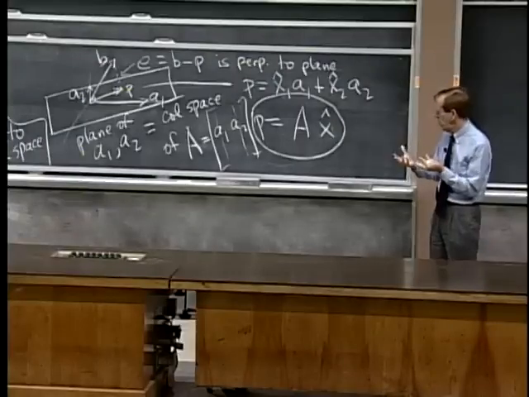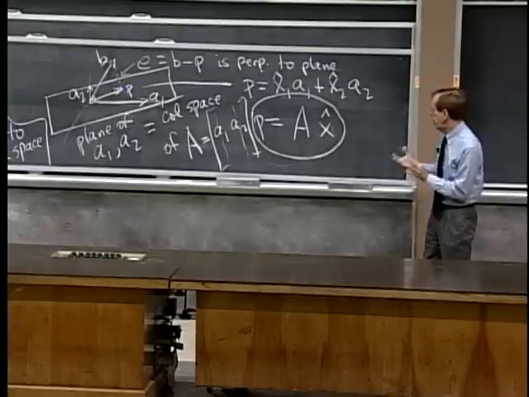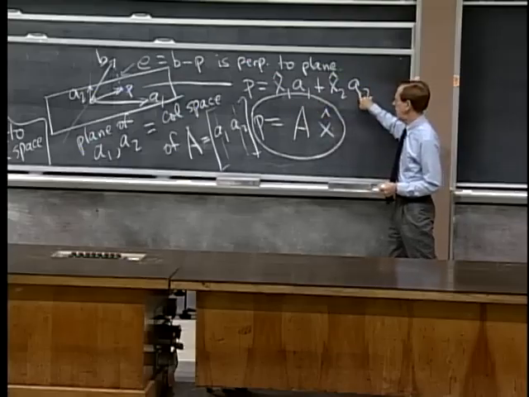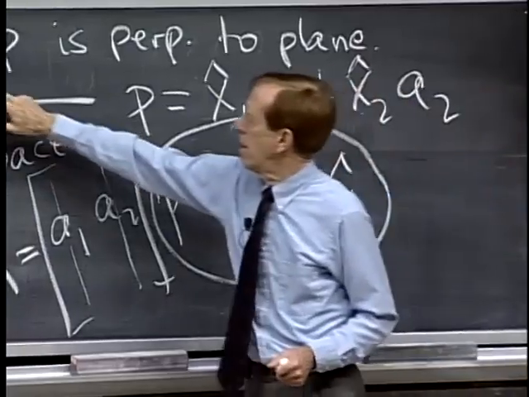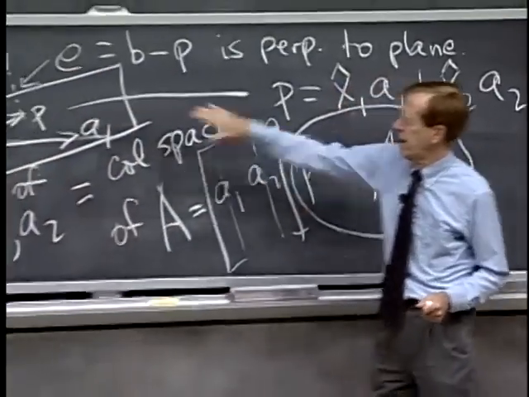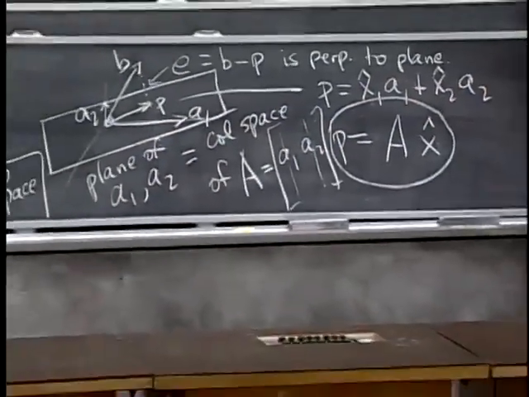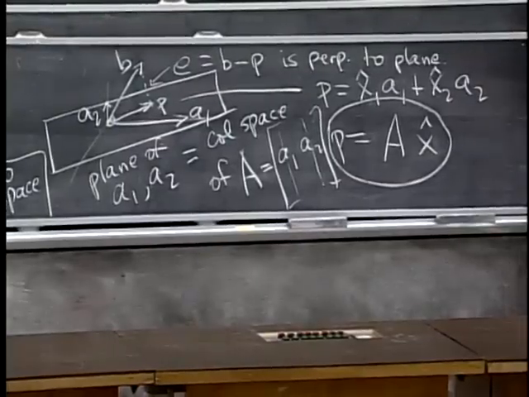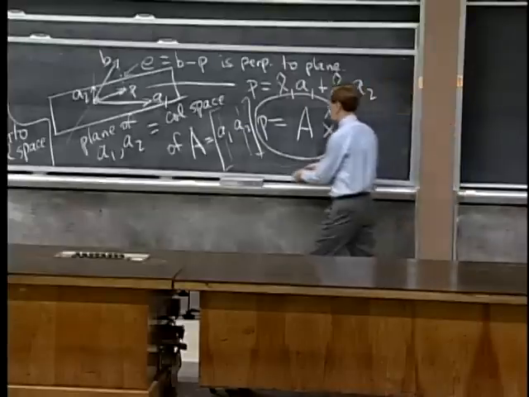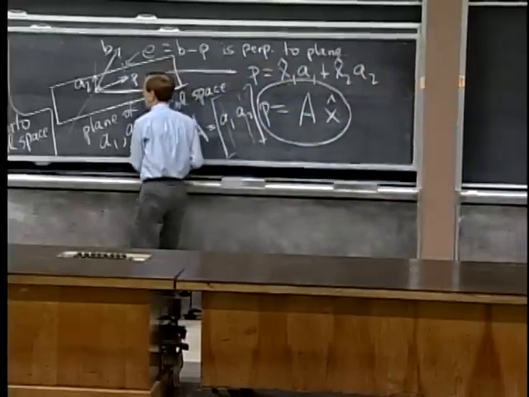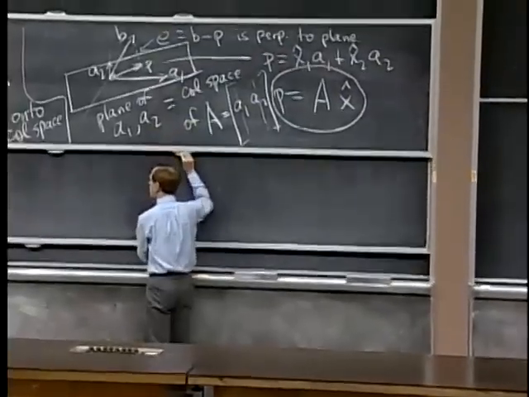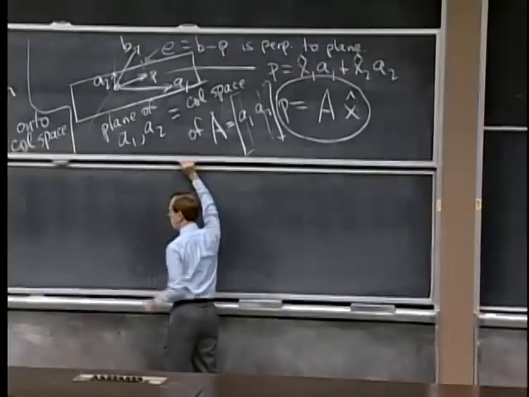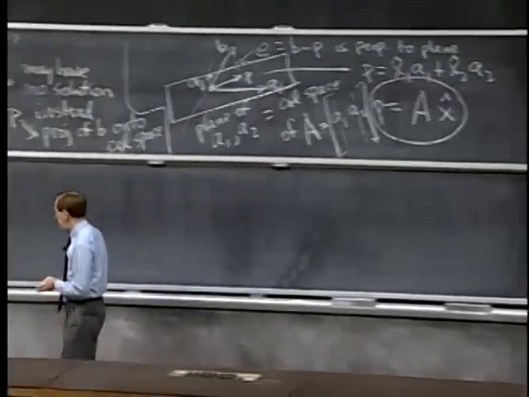So now I've got hold of the problem. The problem is find the right combination of the columns so that the error vector is perpendicular to the plane. Now, let me turn that into an equation. So I'll raise the board and just turn what we've just done into an equation. So I'll write again the main point.